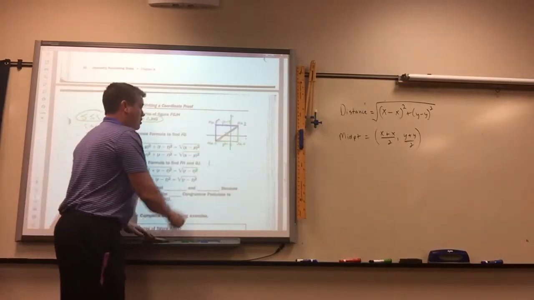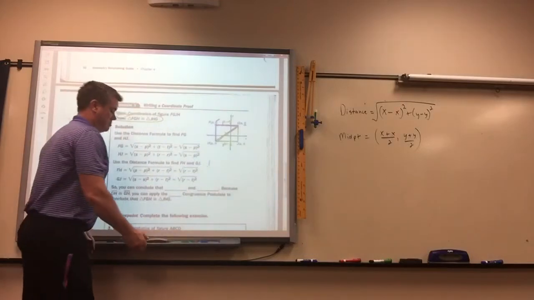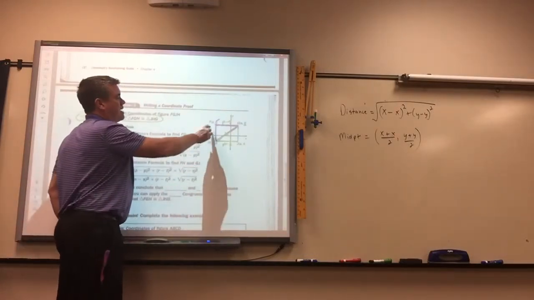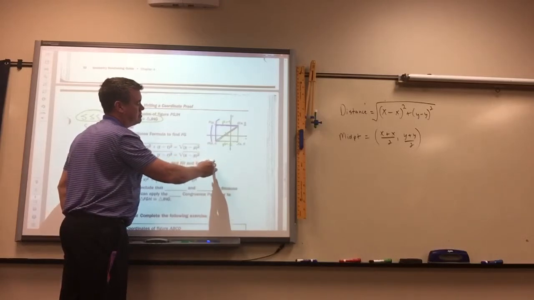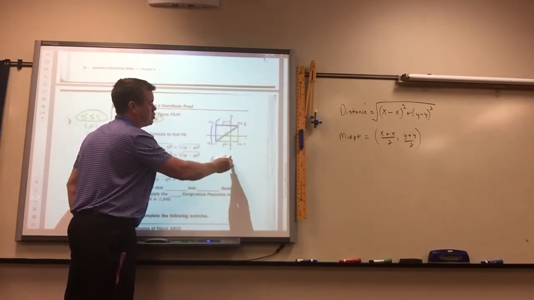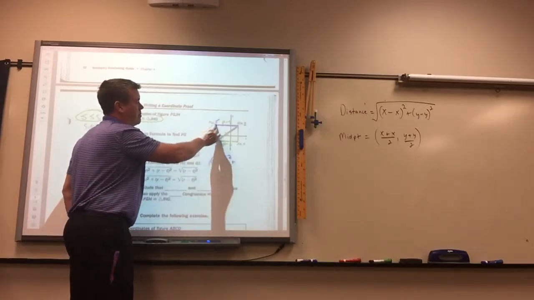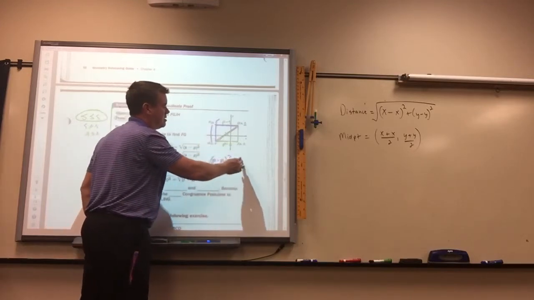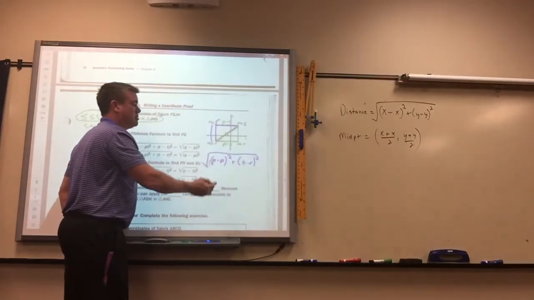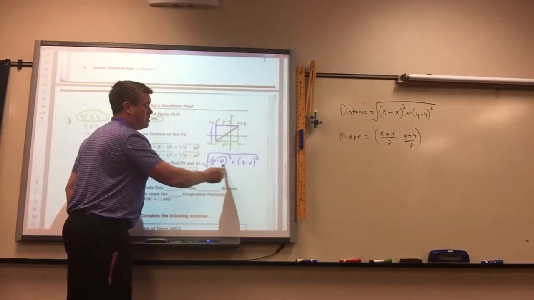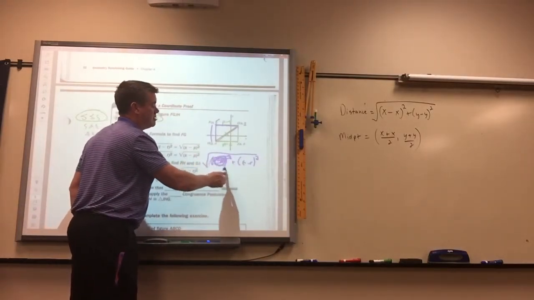Then you got to do this side. So you'd have to go x minus x, P take away P squared, plus y minus y, T minus R squared, and you square root it. P minus P is 0, which means that's nothing.